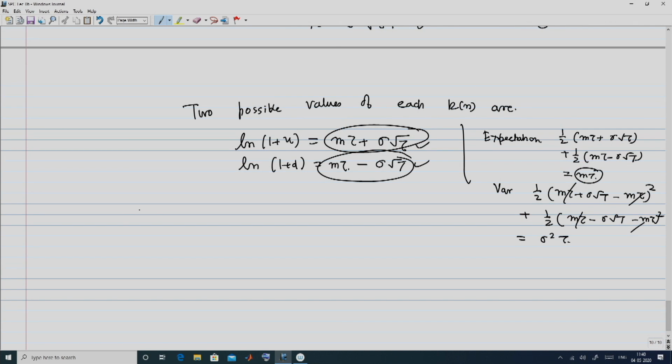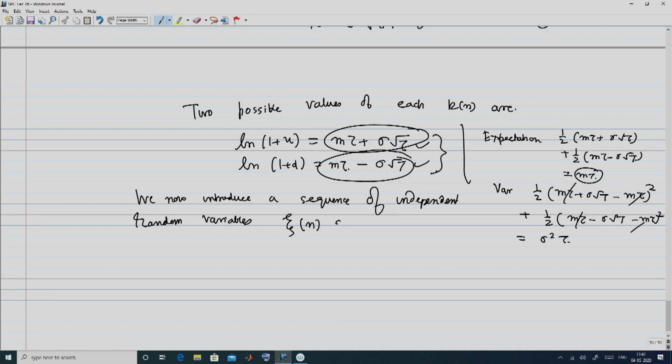Okay. So, now we observe these two, and this motivates us to introduce a sequence of independent random variables, call them xi of n. What is xi of n?